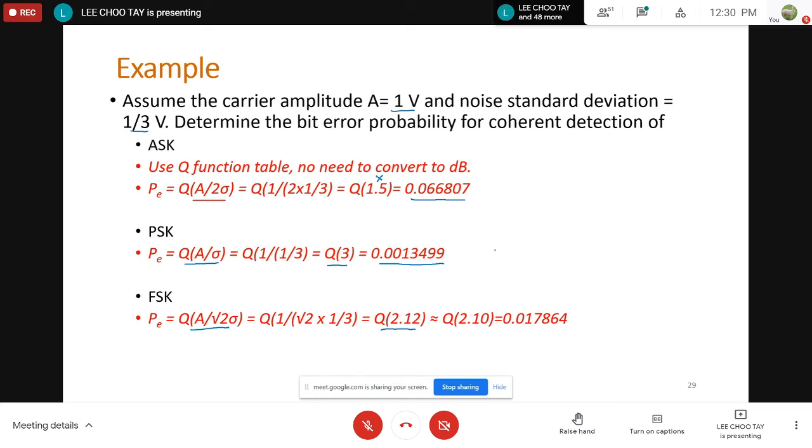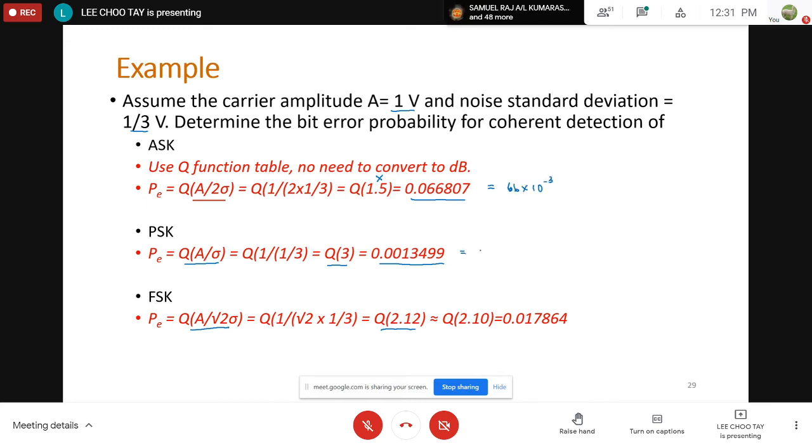Okay, so now let's compare these three. The numbers will also tell you which one gives you the best performance. So again, if you convert into about the same form, I use 3 decimal places. So that is 66 times 10 to the power of minus 3, right?